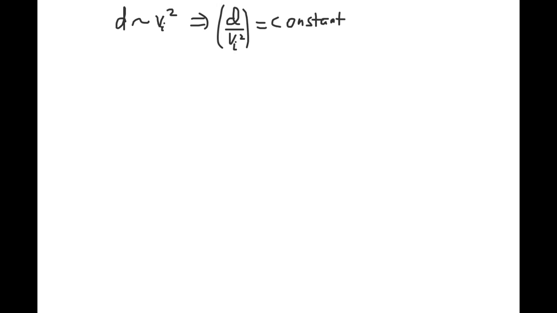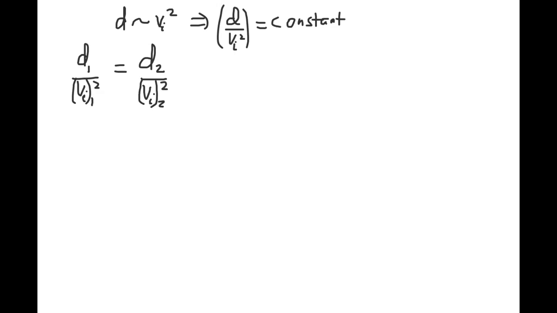That means if you know distance 1 divided by V initial 1 squared, it will be equal to distance 2 divided by V initial 2 squared.